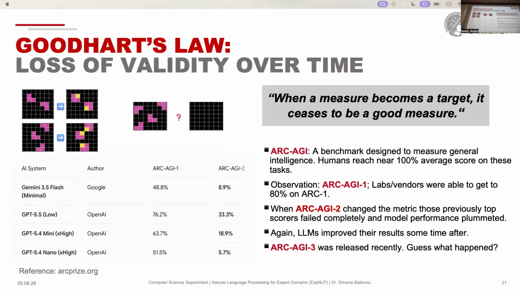So there is a benchmark called ARC-AGI, which its purpose is to measure general intelligence. So it consists of some tasks that humans can achieve near 100% score in them. This is an example of a task from ARC-AGI. So you are given some pair of solved puzzles.